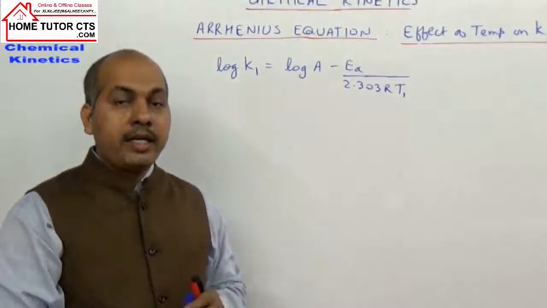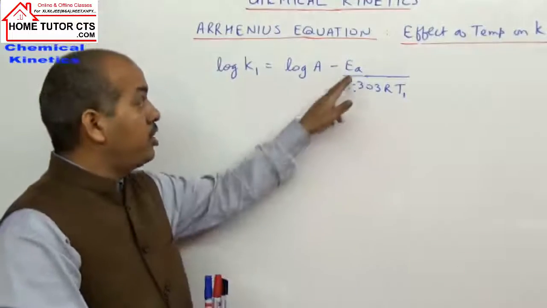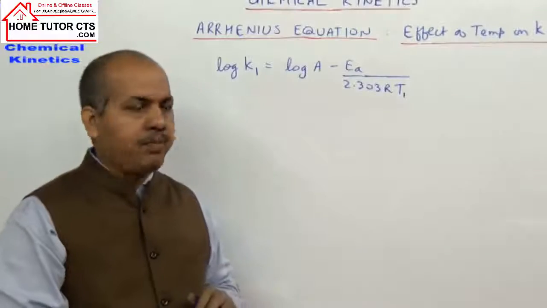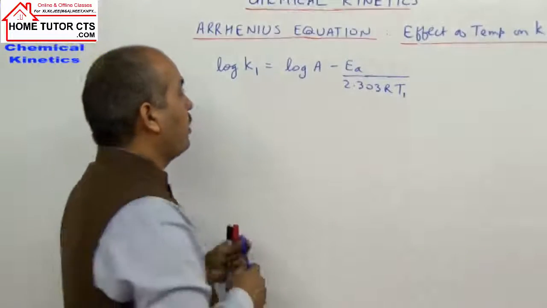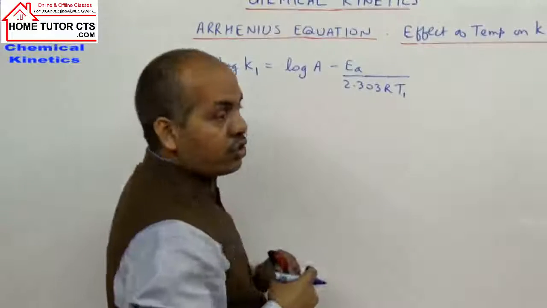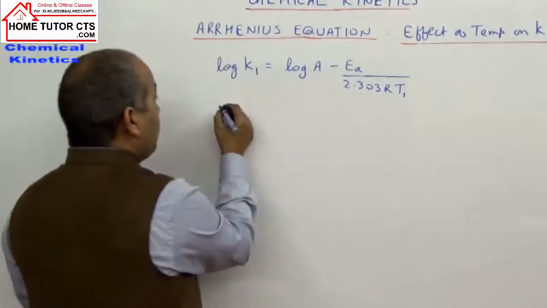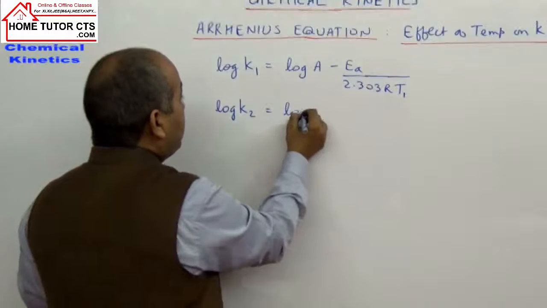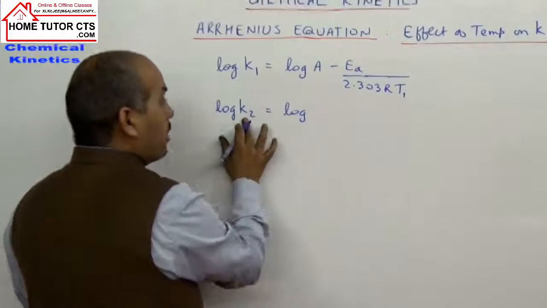In a small temperature range, activation energy and capital A will not change. You can take that as an assumption. So at T1 temperature, K1 is the reaction rate constant, and at T2 temperature, K2 is the rate constant.